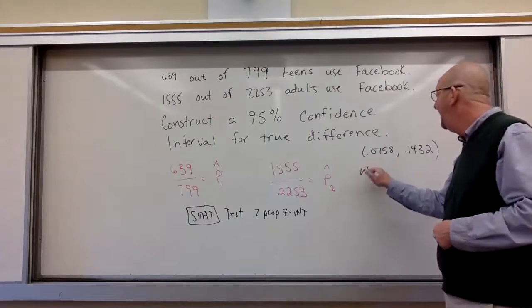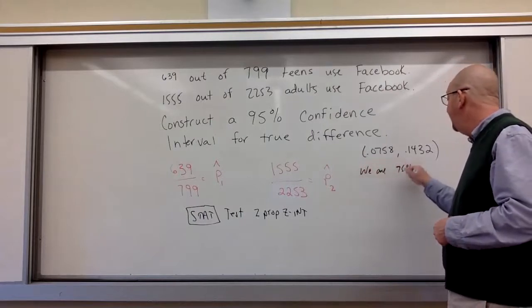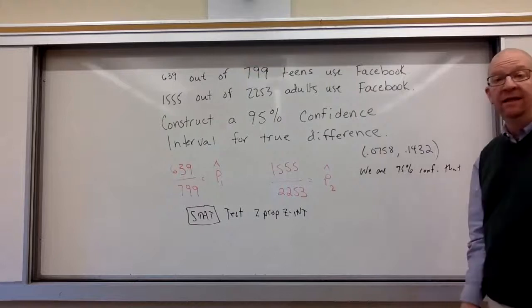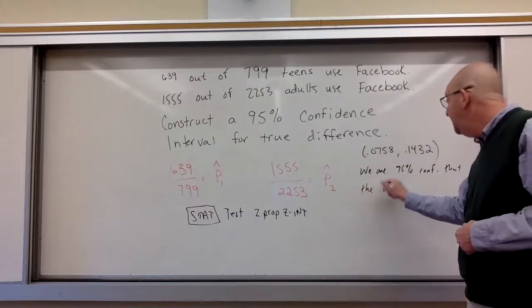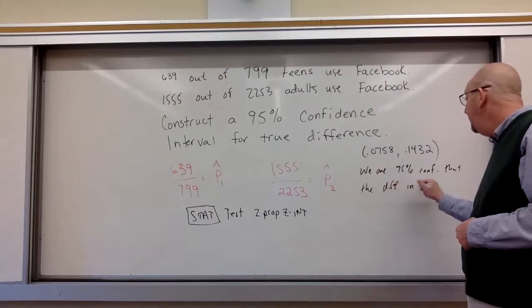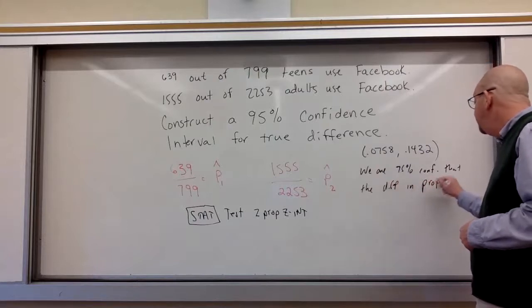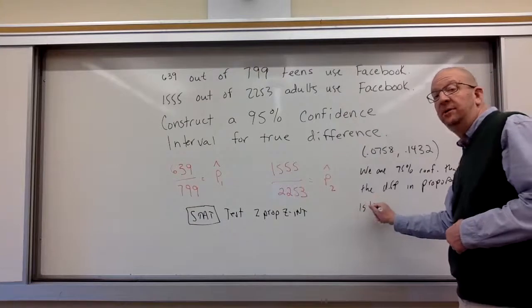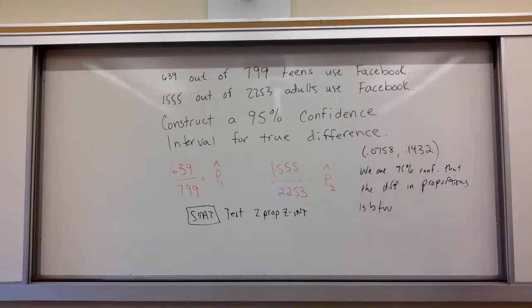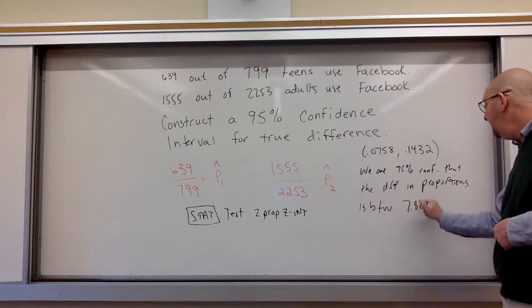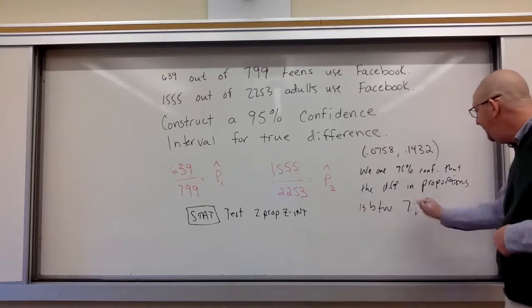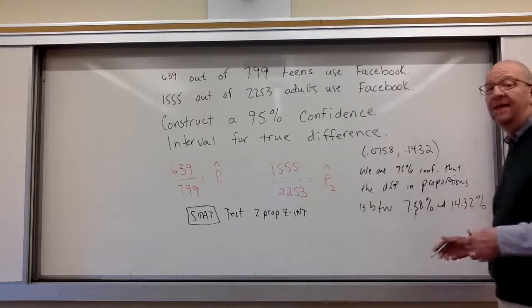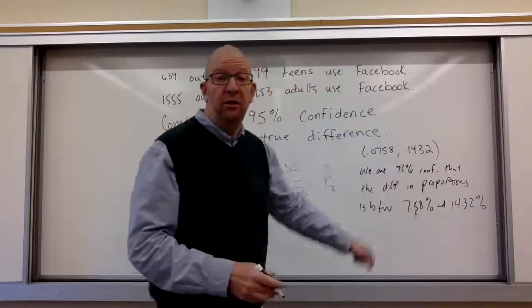We are 95% confident that the difference in the proportions is between what? 7.58% and 14.32%. That should sound very familiar to you.